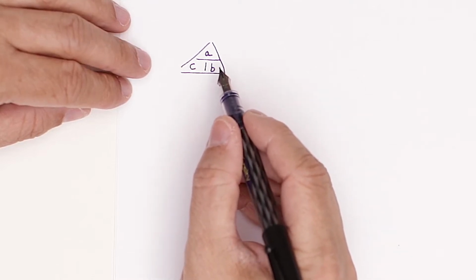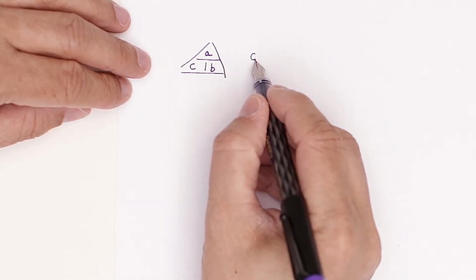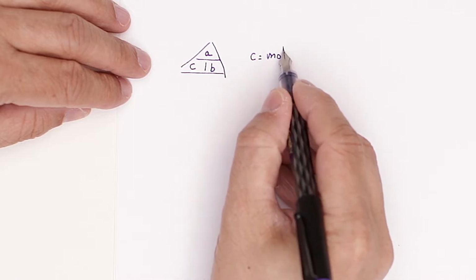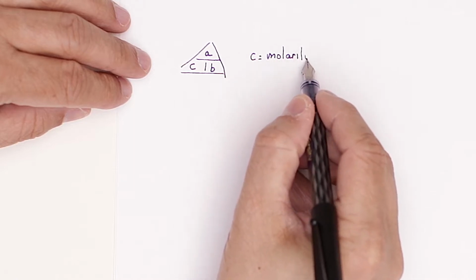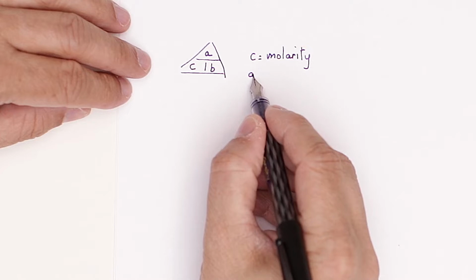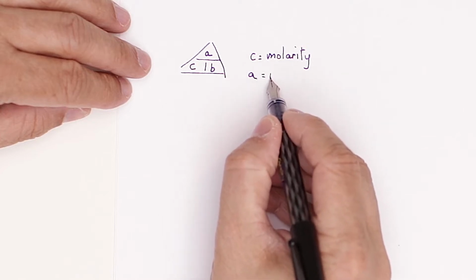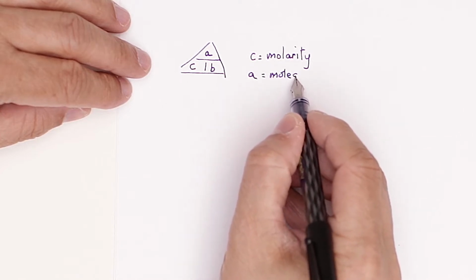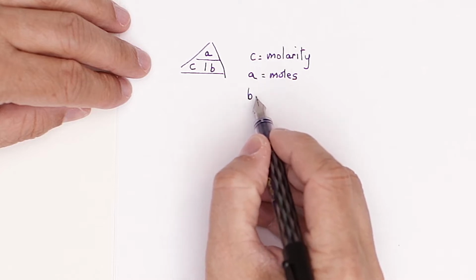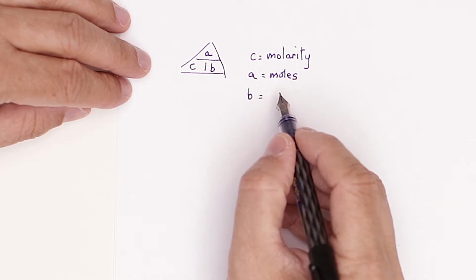Now, in cab, the C stands for molarity. The A stands for moles. And the B stands for liters.